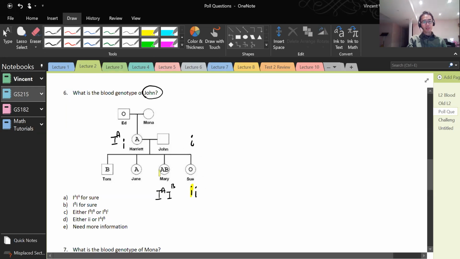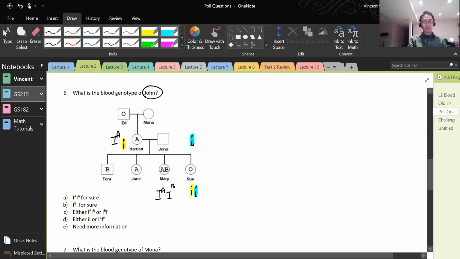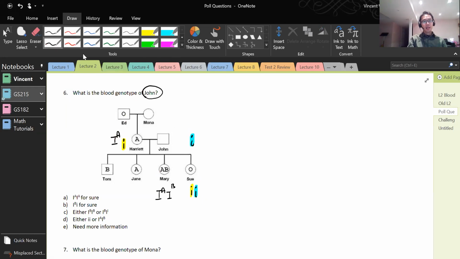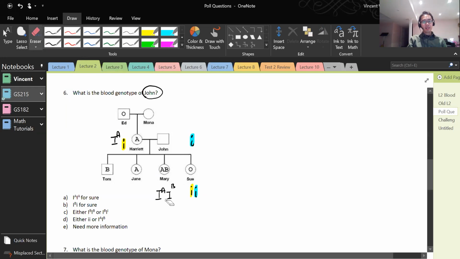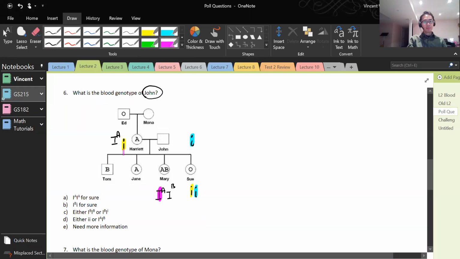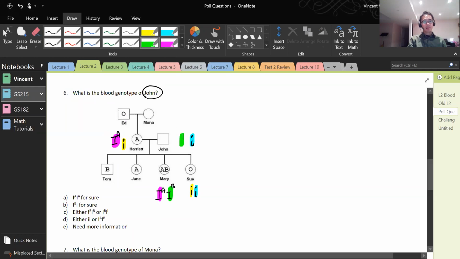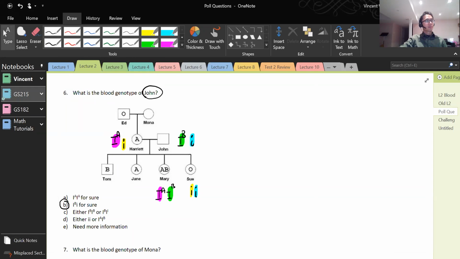This one from mother and this one from father. Let's take a look at Mary here. Mary is IAIB, so the IA must have come from Harriet. And that means the IB must have come from John. So the answer is B.